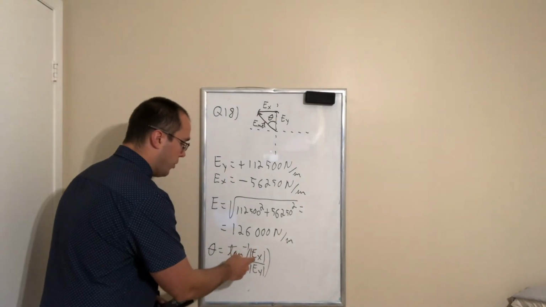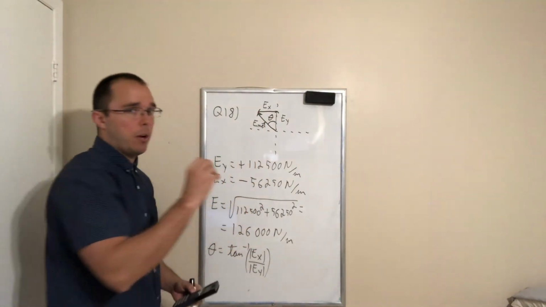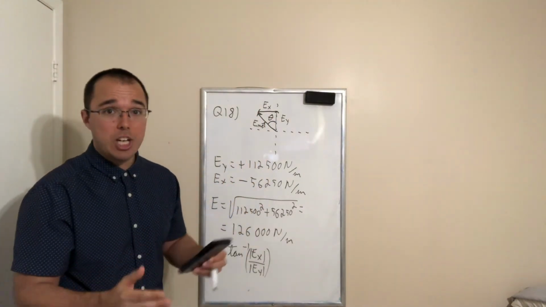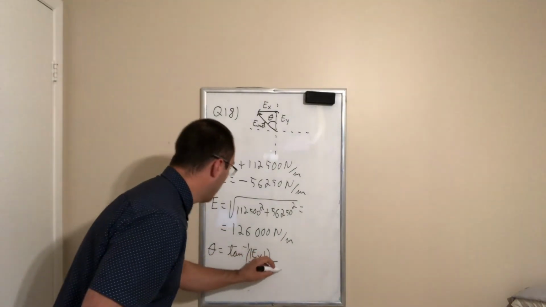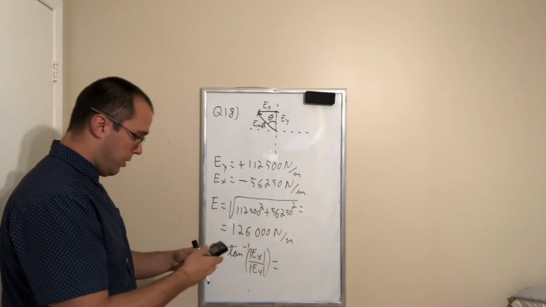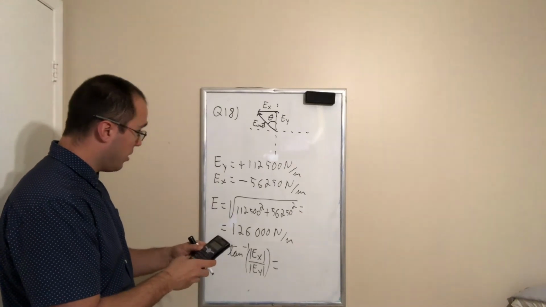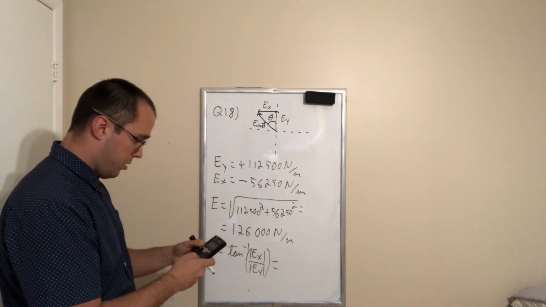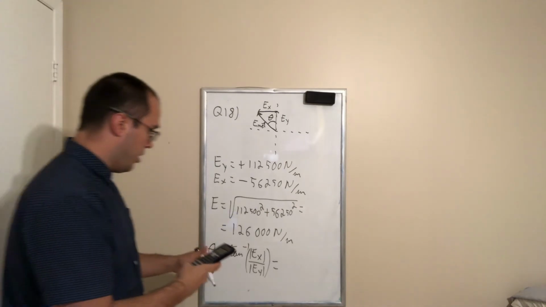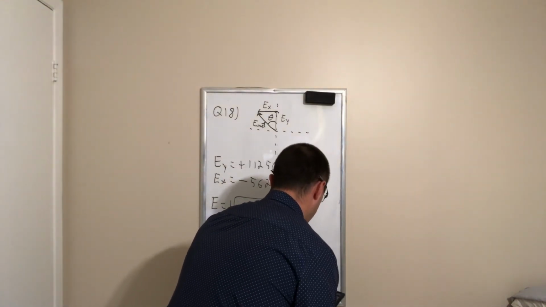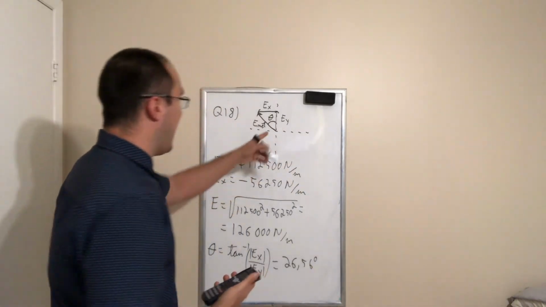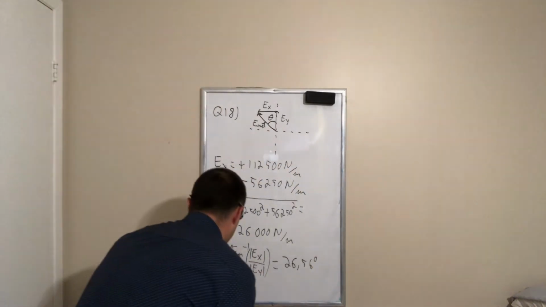Use the absolute value over here, and then looking at the diagram, decide with respect to which axis this angle is. All right. So if we compute these two values, we get an angle of 26.56 degrees to the left of the positive y-axis.